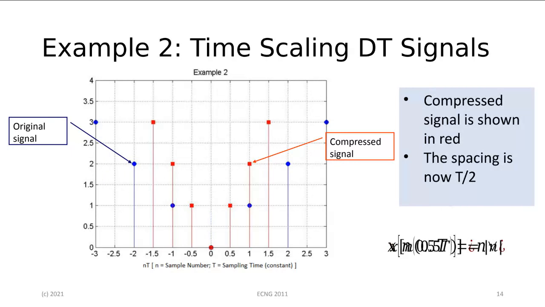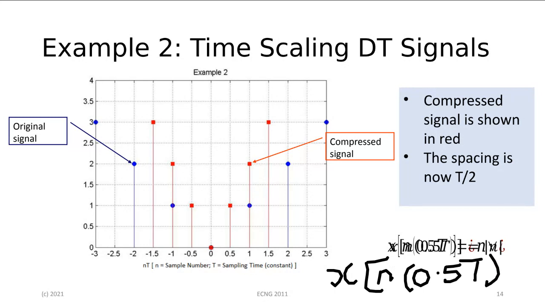So if you do that, the spacing is now t over 2. And instead of what we had before, we now have x of n times 0.5 t. That's what the signal is now.